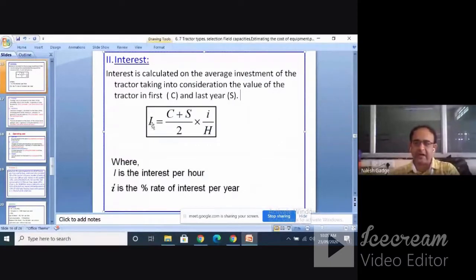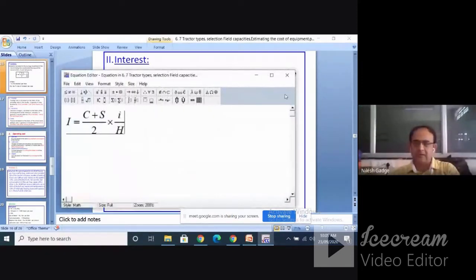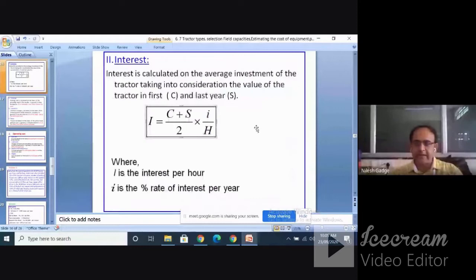This is also calculated in rupees per hour. How will it be in rupees per hour? This interest is divided by the working hours. H is the working hours per year. Small I is the interest in percentage.